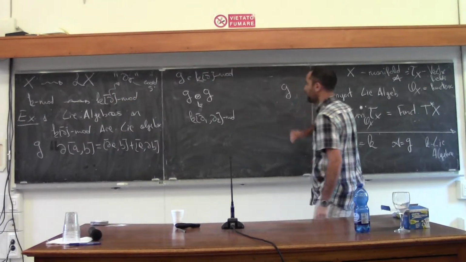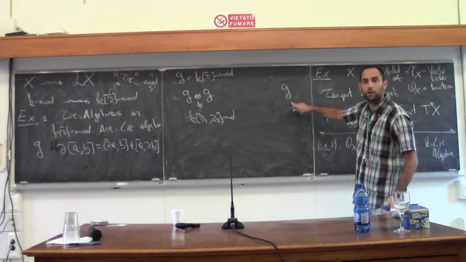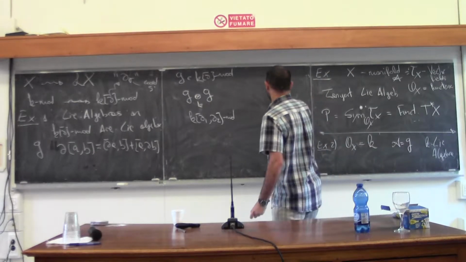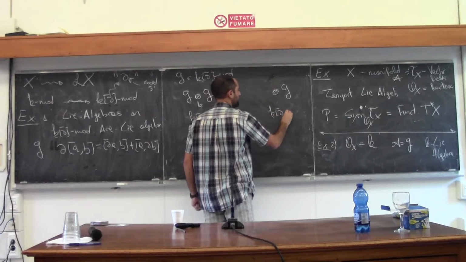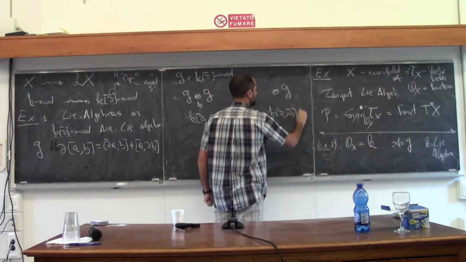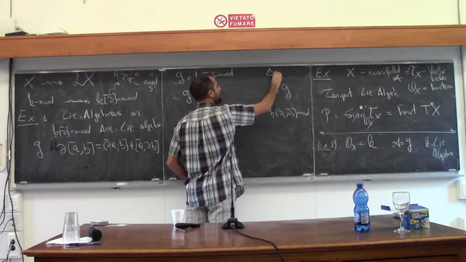And I have G. This is a K[del] module. So I want to make it into a K[del1, del2] module. So this is going to live again in K[del1, del2] modules. And I'm defining something that I will denote this way.